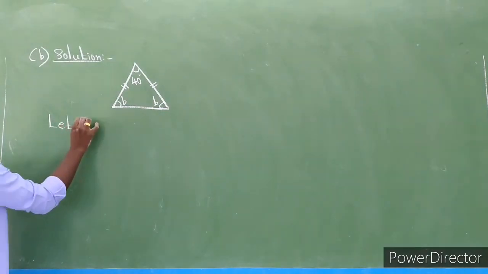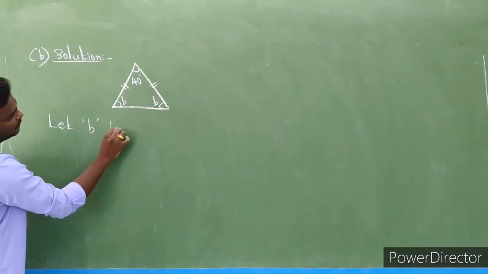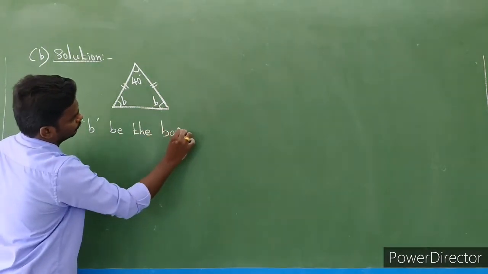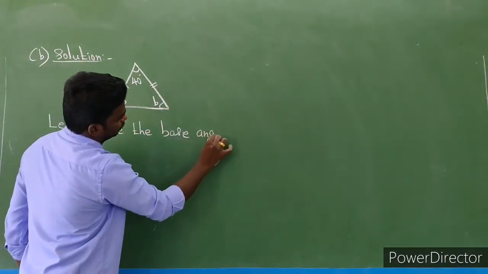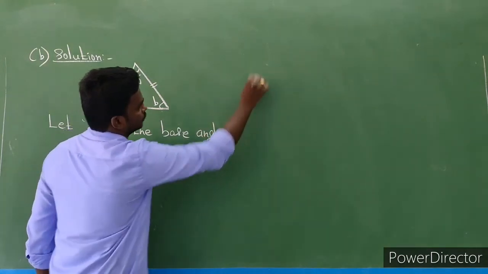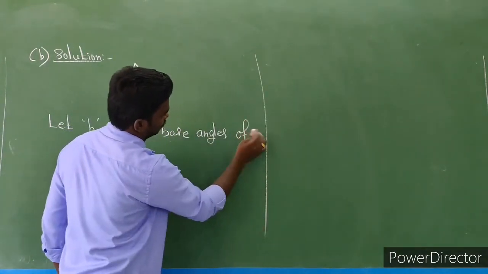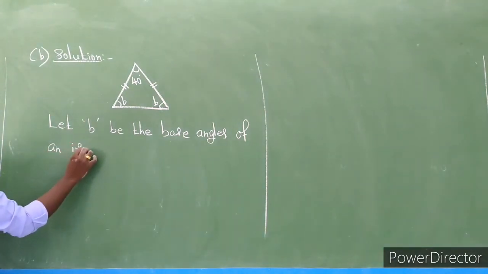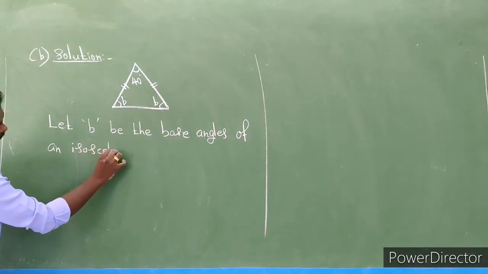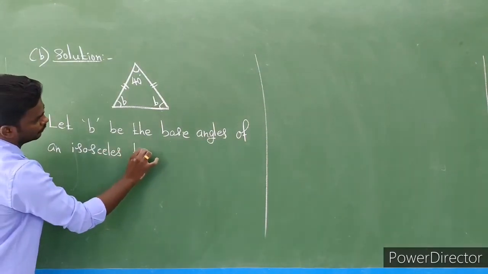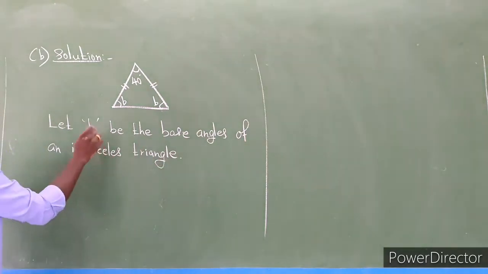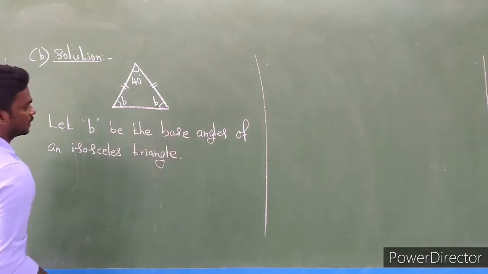Let B be the base angles of an isosceles triangle.